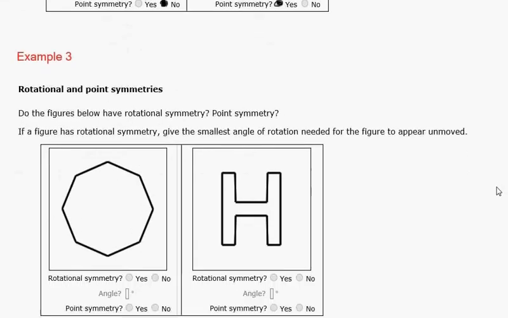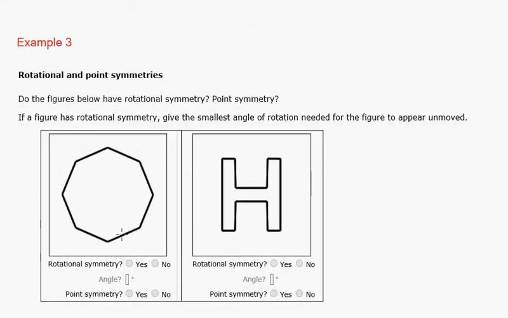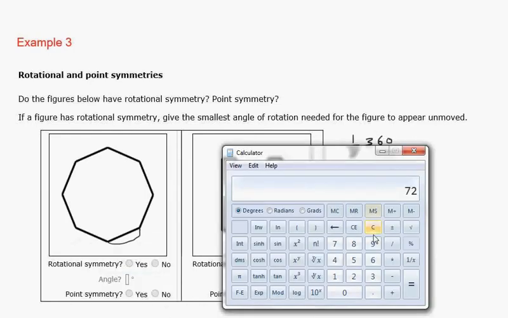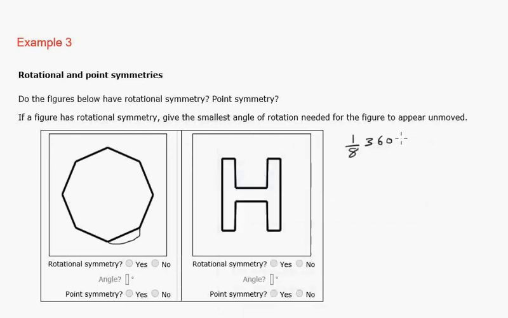A couple more real quick. This one, interesting. 1, 2, 3, 4, 5, 6, 7, 8. So I think yes, you could rotate it 1/8 and it would match up. 1/8 of 360, 360 divided by 8 is 45.